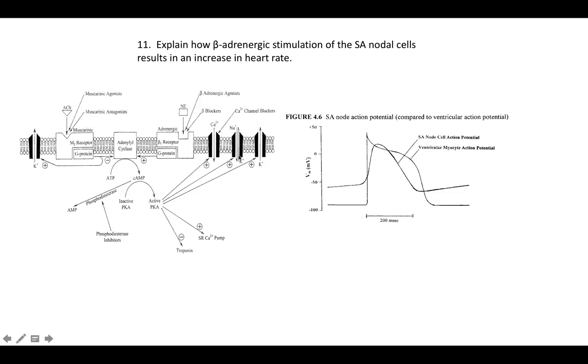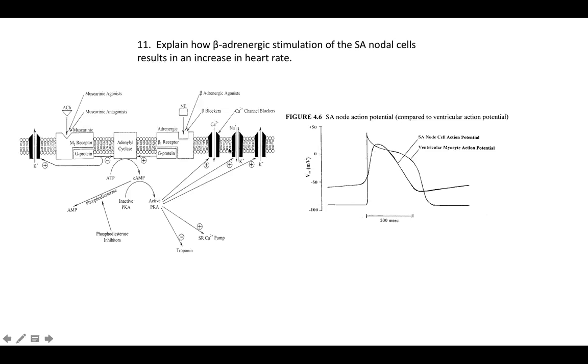This channel does conduct potassium out as well as sodium in, but predominantly it's sodium in, and the net effect is to depolarize the membrane as you bring sodium in. And so as this channel opens more and more, the voltage comes up until you hit threshold, and then you fire the SA nodal action potential.